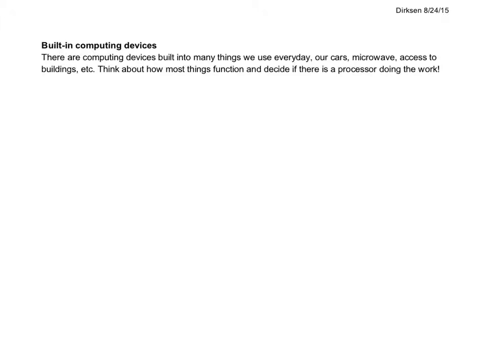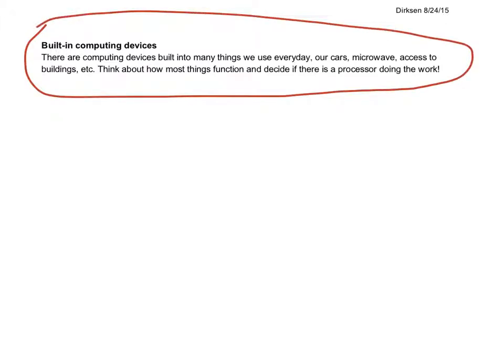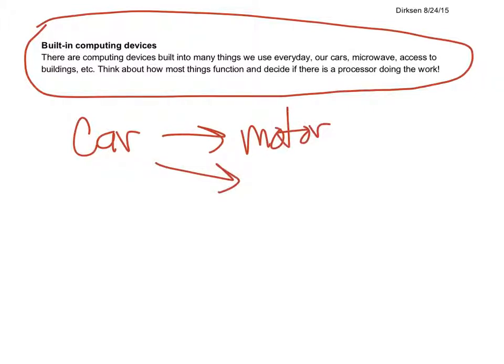Built-in computing devices, I don't think I've talked about that. That would be all those things like in your car. There's a computer that monitors the motor or the engine, how that operates.